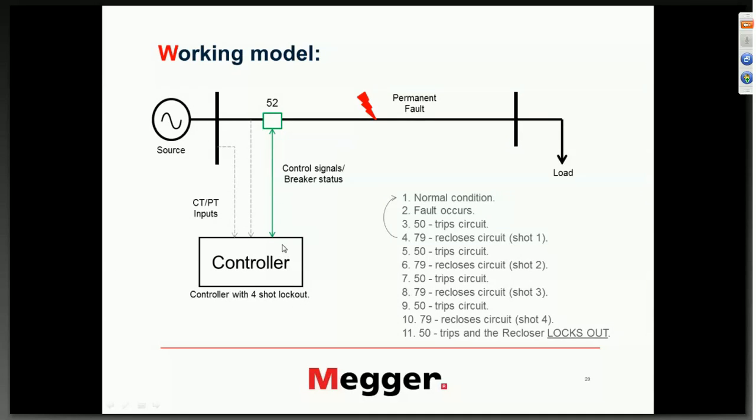The only thing is the controller should have 3 trip signals or 3 outputs assigned specifically for A phase, B phase, and C phase, and that should open the circuit breaker or the auto reclose, in this case single pole auto reclose, just on those specific phases. It is not opening all the 3 phases at the same time.